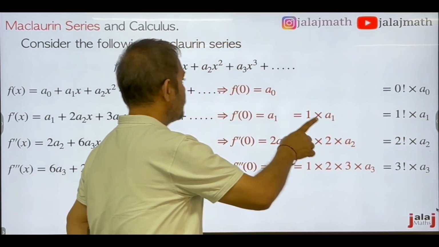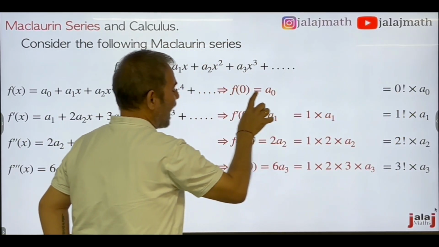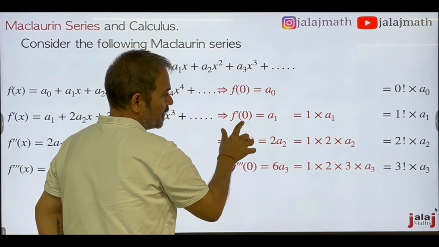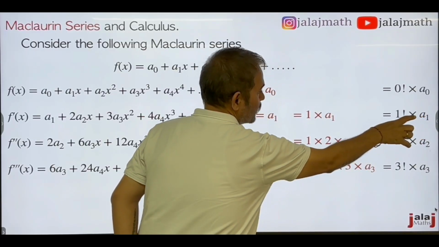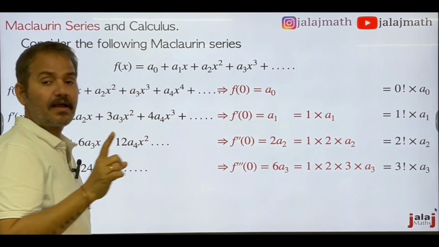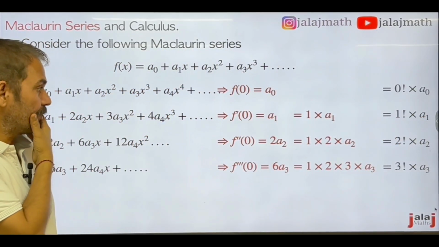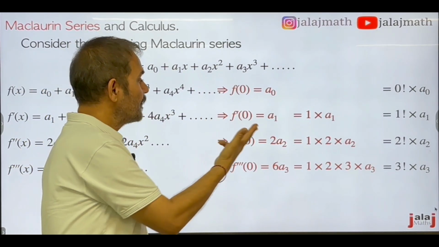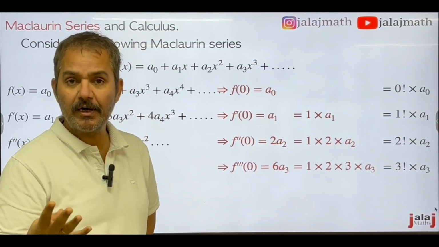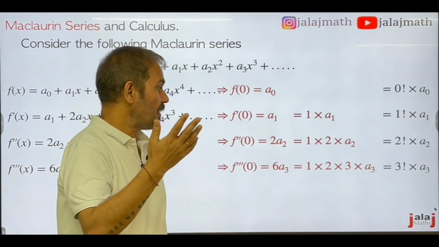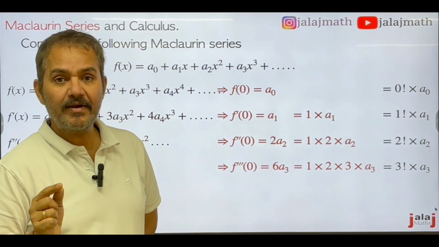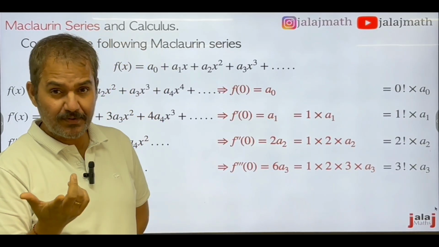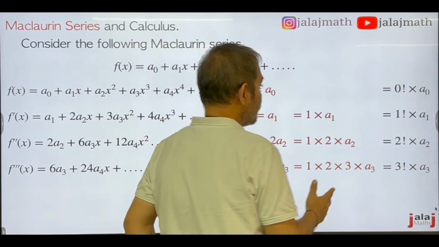Using this, you can see the value of a0 will be the value of the function at 0 divided by 0 factorial. a1 will be the first derivative at x equal to 0 divided by 1 factorial. a2 will be the second derivative divided by 2 factorial. a3 will be the third derivative divided by 3 factorial. So a9 will be the ninth derivative at x equal to 0 divided by 9 factorial, right? So we have identified a pattern.